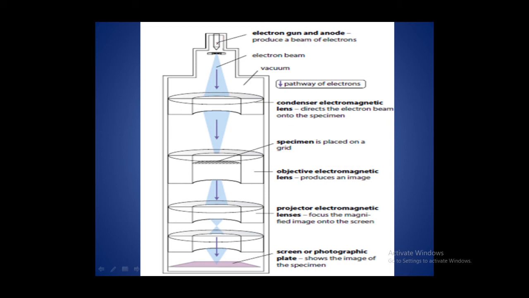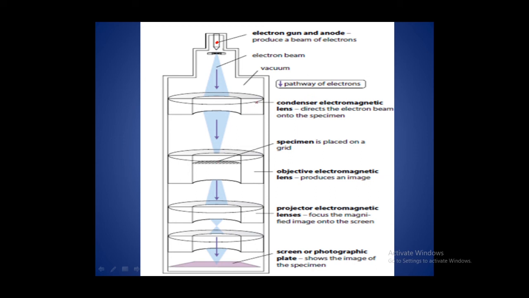This beam of electrons goes onto the condenser electromagnetic lens. Now remember, as I told you, here we do not have those glass lenses, but because we are using electron beams, we have special lenses, we call them electromagnets. So this is a condenser electromagnet which directs all the electron beam onto the specimen over here.